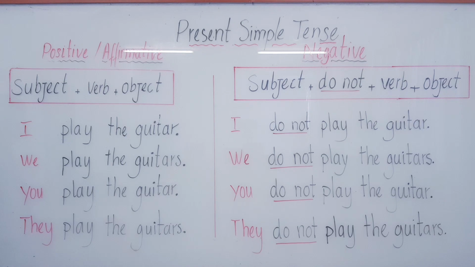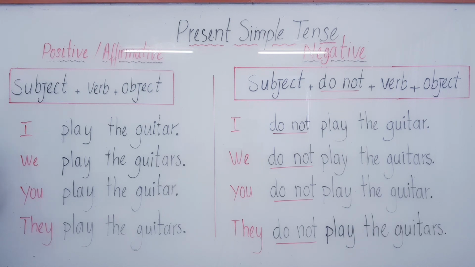Now, actually, we have got 7 subjects altogether. But in this lesson, I'm going to use only 4 subjects. It's very easy for you to learn. And try to remember, the less you learn, the better you are. Do not learn too much, okay?